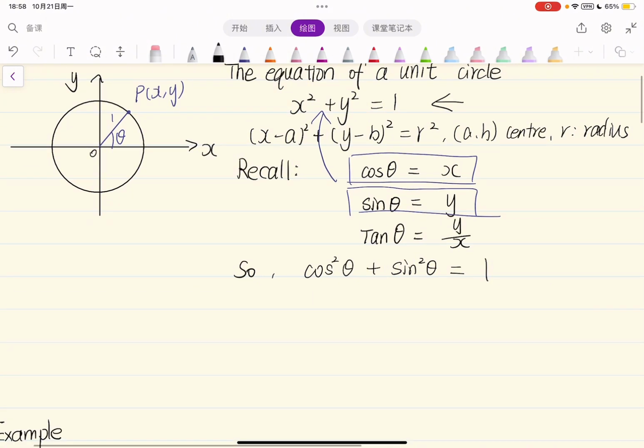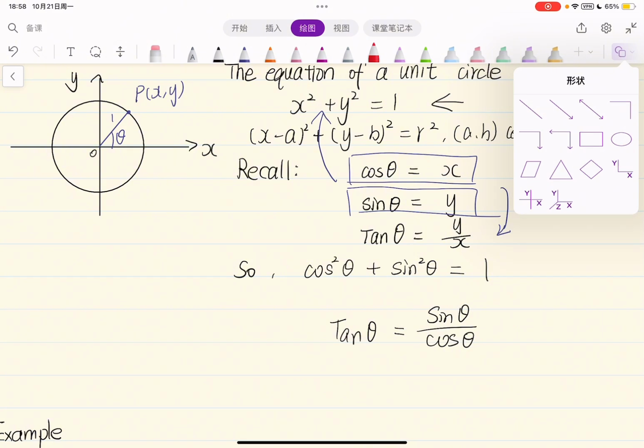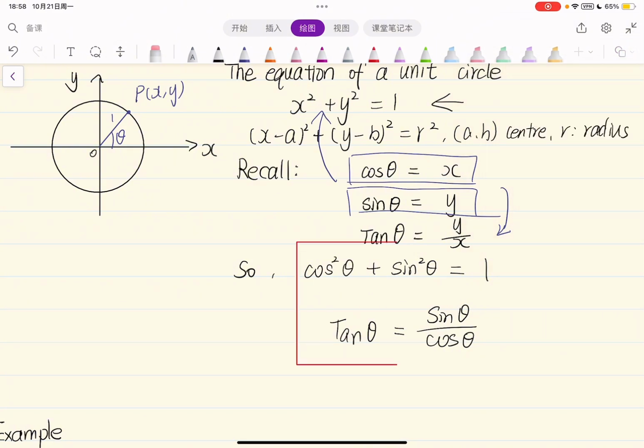And also we can substitute cosine theta equals x and sine theta equals y into the formula of the tangent. We have tangent theta equals sine theta over cosine theta. Here are the two trigonometric identities we learned from this lesson.